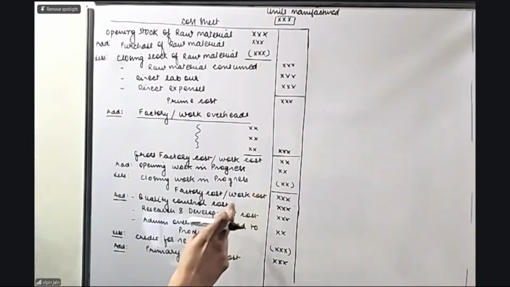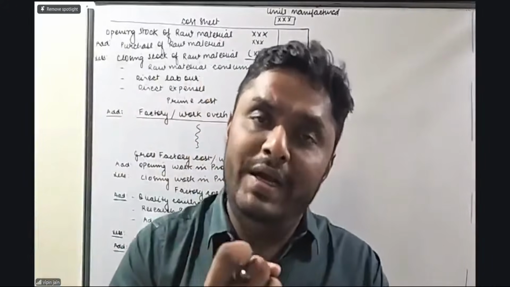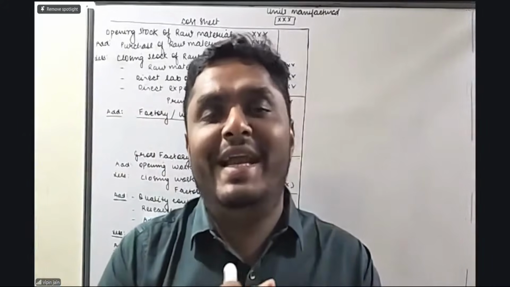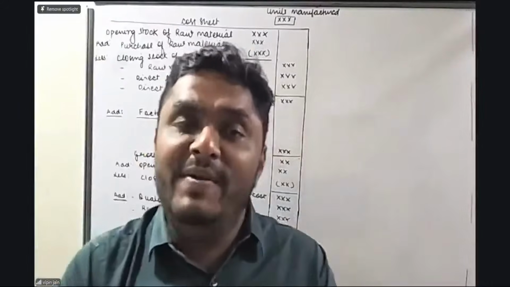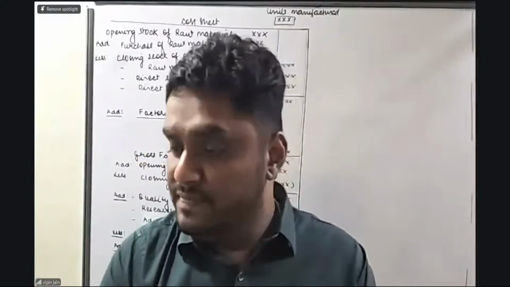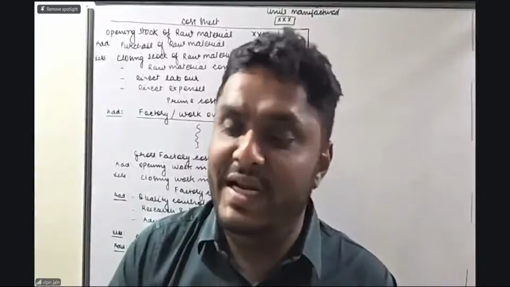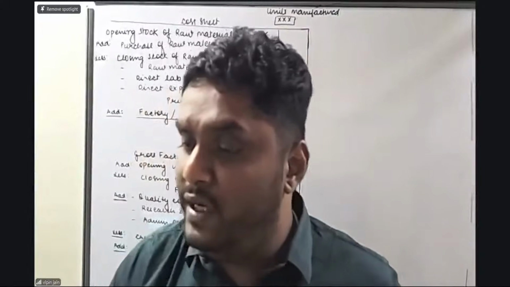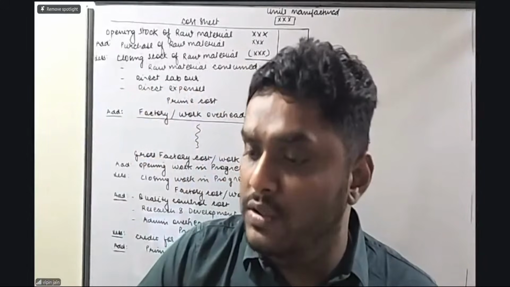So in factory cost or work cost, we will add what? First and foremost, quality control cost. Second is research and development cost. Third is administration overhead related to production. Fourth is credit for recoveries. That is, we will be deducting this credit for recoveries. Next, we will be adding the primary packing cost.